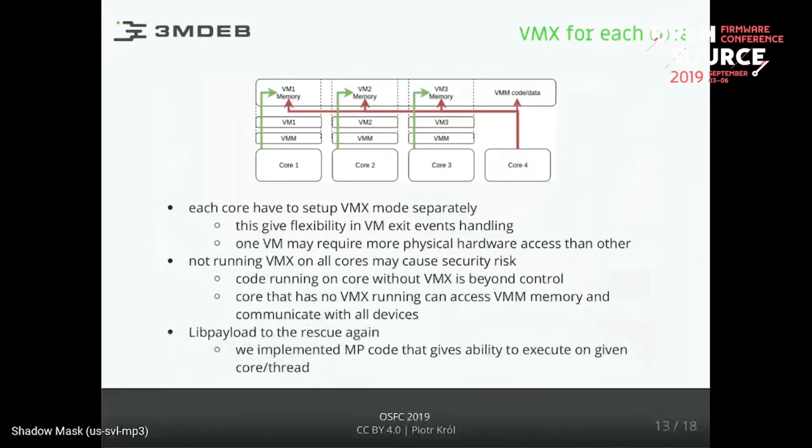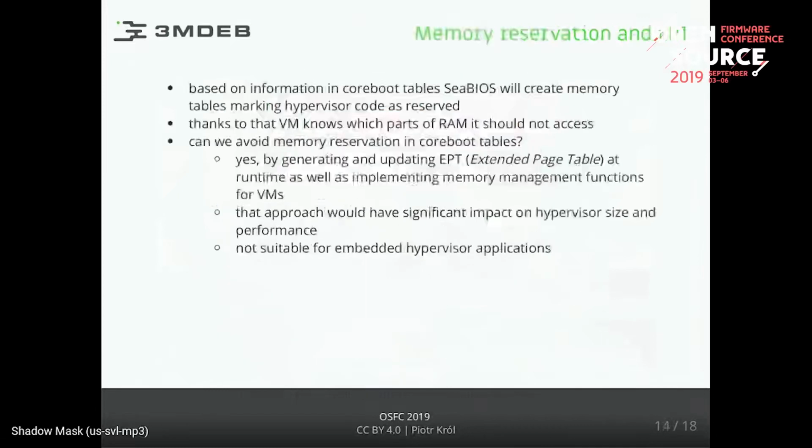We didn't know what exactly was going on, and after some time realized that at one core, the fourth core, we didn't run the extension, and because of that, we corrupted memory of other VMs or even the VMM. So we had to implement MP code in libpayload that gives the ability to say, okay, run VMX on this core, on that core, and on the other core, and remember to run on all cores.